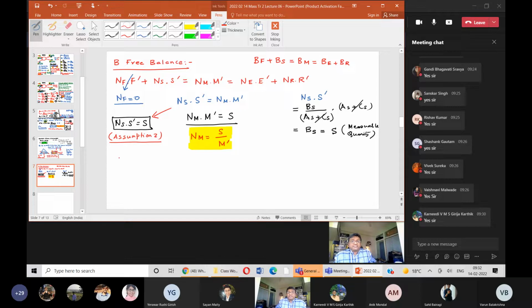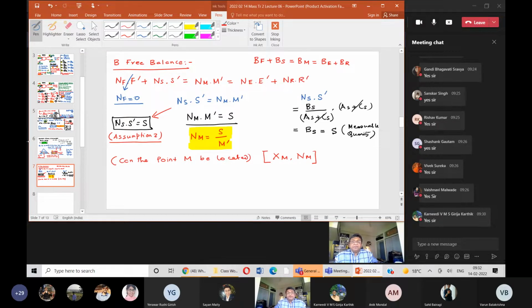So now my question is, can the point M be located? And in order to locate the point M, we need to know these 2 values, right? So if you know these 2 values, then you can locate the point M.